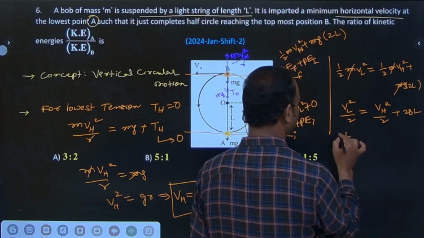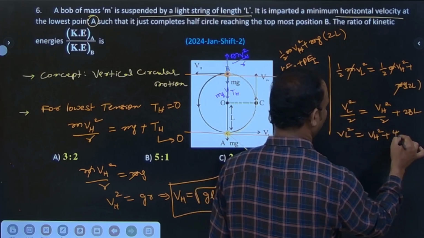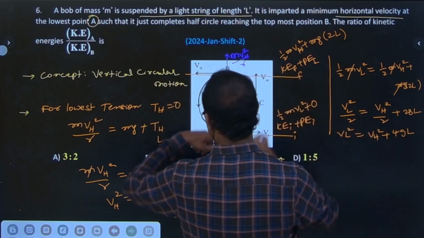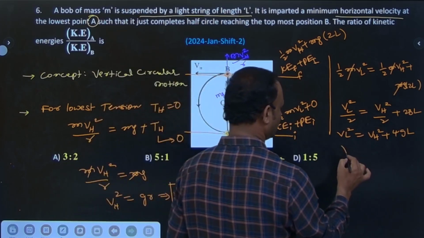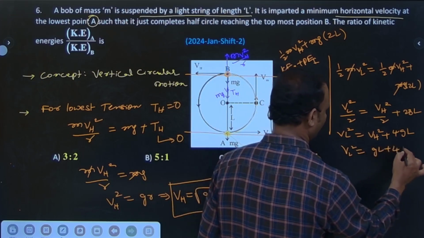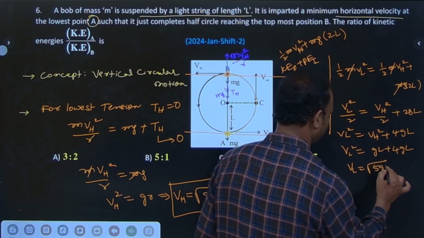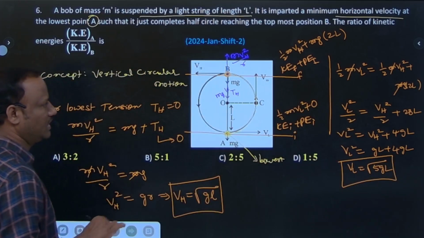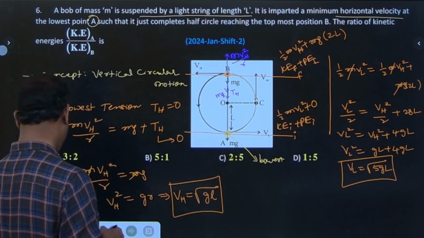So vL square is equal to vH square plus 4gL. We already got vH as under root of gL. So vL square is gL plus 4gL, so vL is equal to under root of 5gL. So from the law of conservation of energy, I calculated the velocity at the lowest point and at the highest point.